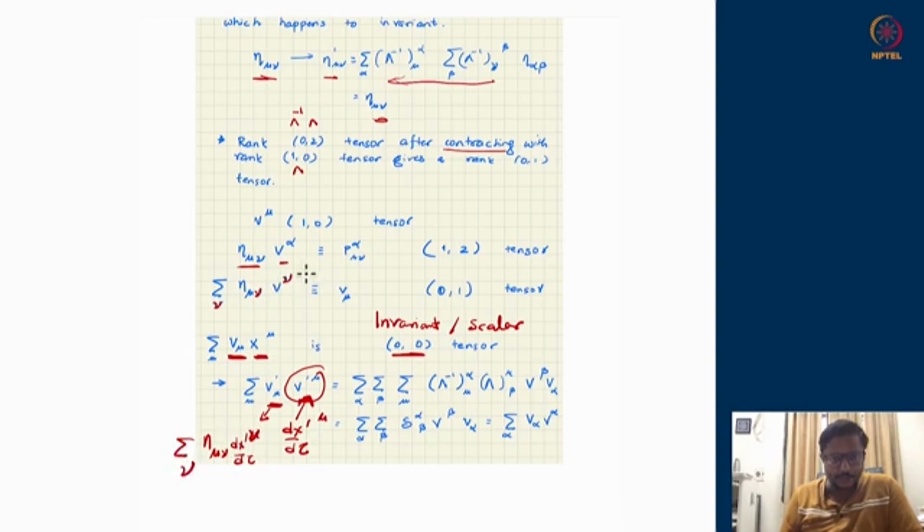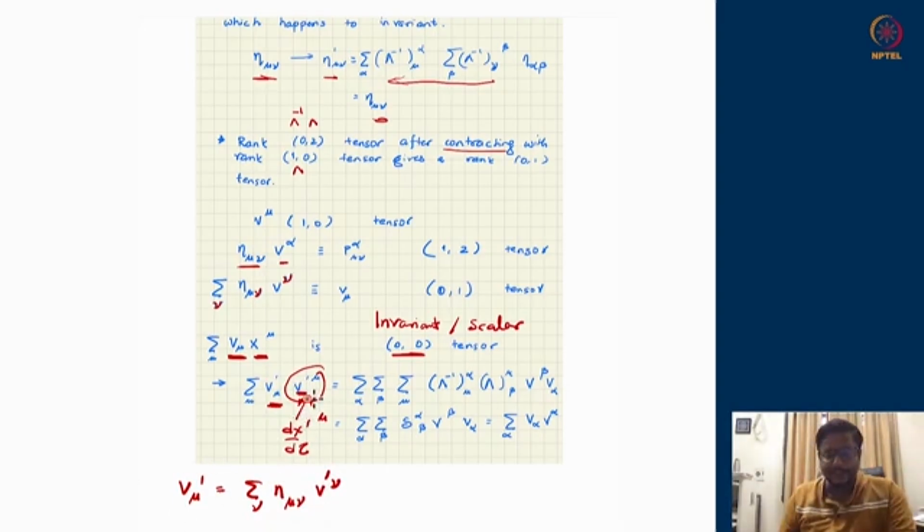As we saw, if I contract the lower index of eta mu nu with the upper index of v, I will get a lower index object. So v lower prime mu is the contraction of eta mu nu and v prime mu.